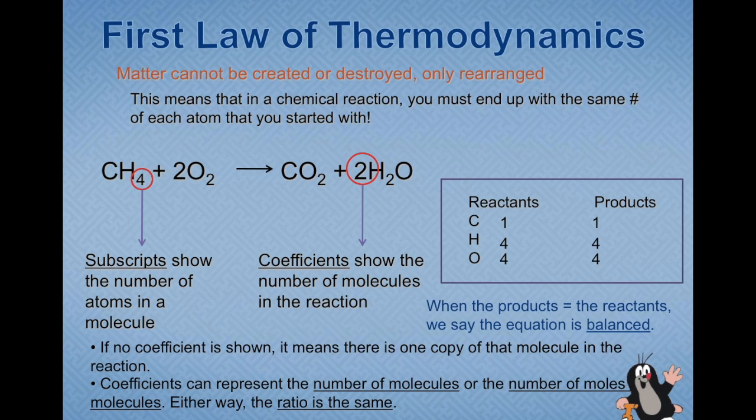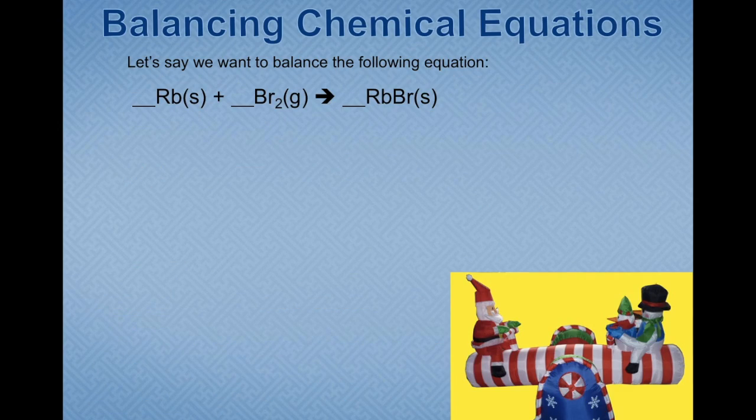So how do we balance chemical equations? Looking at this equation, we have one element, rubidium, that is a pure element, and it's not a molecule. Bromine is a pure element as well, but it is a molecule. And then on the right, we have an ionic compound.